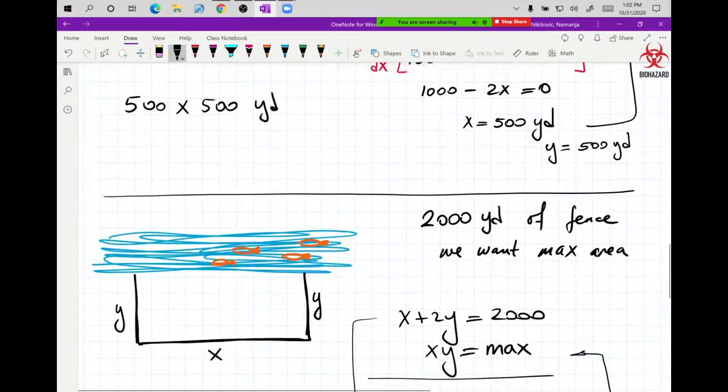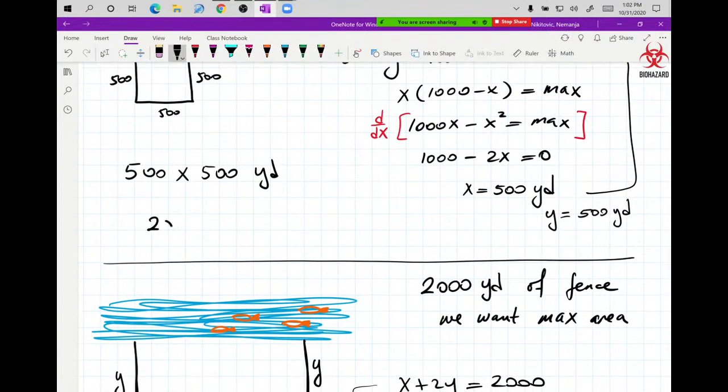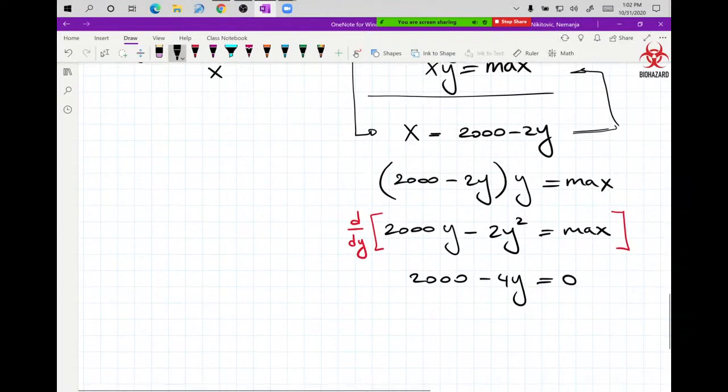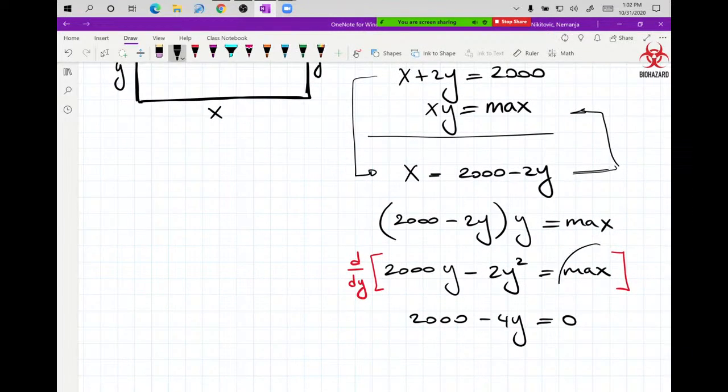We could have calculated that area earlier, right? It's 25 and 4 zeros. Yard squared is the max area, right? So 250,000 right there. All right, so now we don't know whether this is going to be 250,000 now, but whatever it is, the derivative of it is 0.